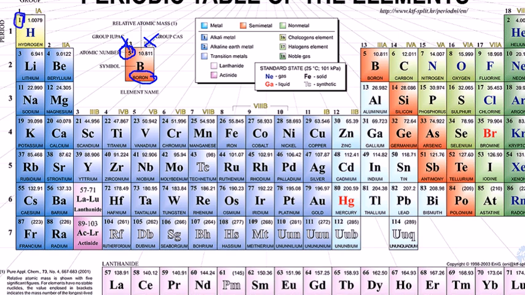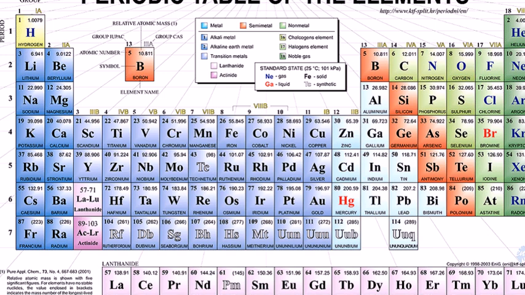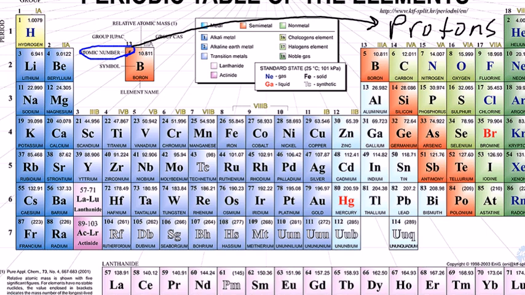Hydrogen is a 1, helium's a 2, lithium 3, beryllium 4, boron 5, carbon 6, nitrogen 7, oxygen 8, fluorine 9, neon 10, and so on all the way down the periodic table of elements. Well, that is the atomic number. The atomic number tells us the number of protons in the nucleus.